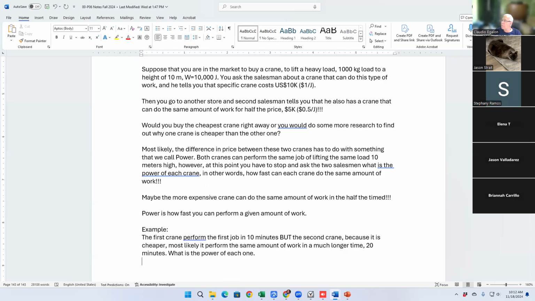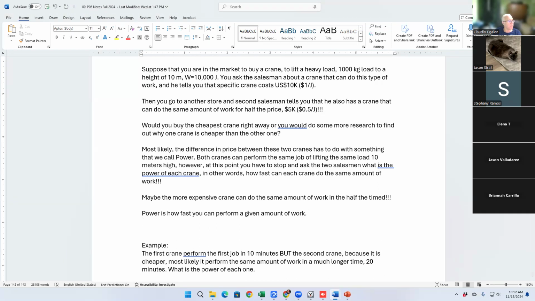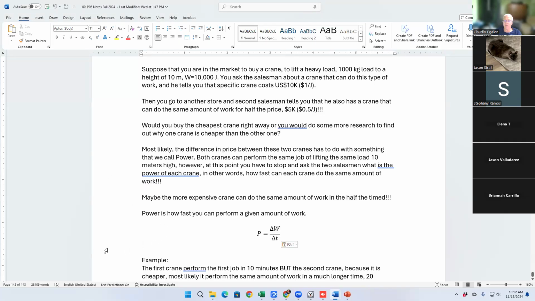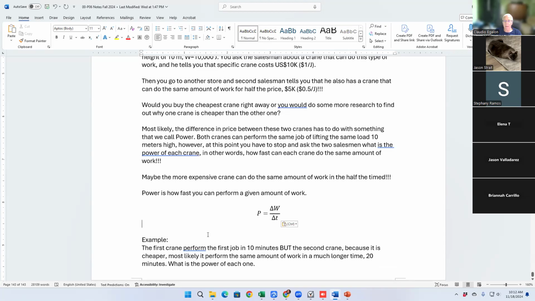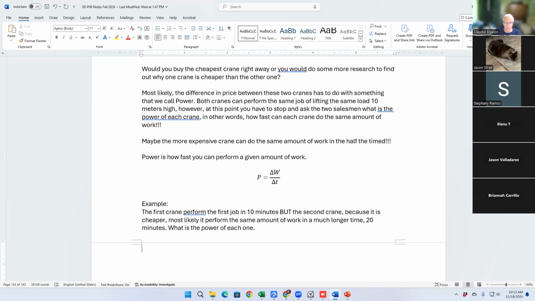And the equation for the power is, I'll write that down here for you. Here's the equation for the power: amount of work divided by amount of time. And we can start playing with numbers. Solution.